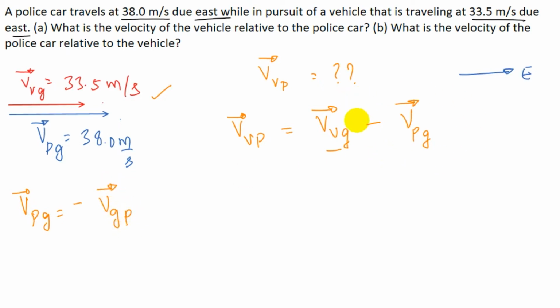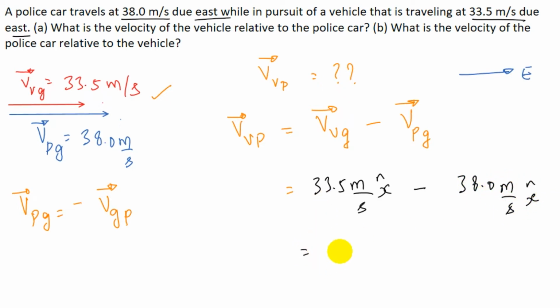So we have the velocity 33.5 meters per second in the east direction. We can take a unit vector along the east direction to be x cap. So this would be 33.5 x cap minus VPG, which is 38.0 meters per second x cap. From here we'll get the answer to be minus 4.5 meters per second x cap.